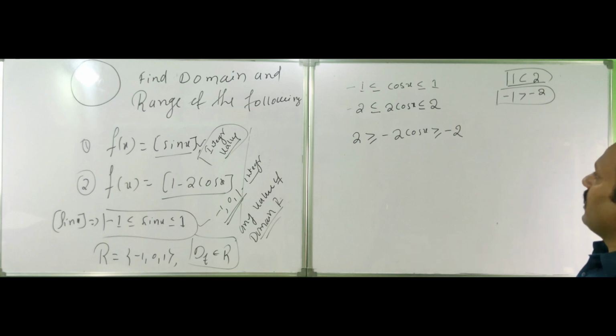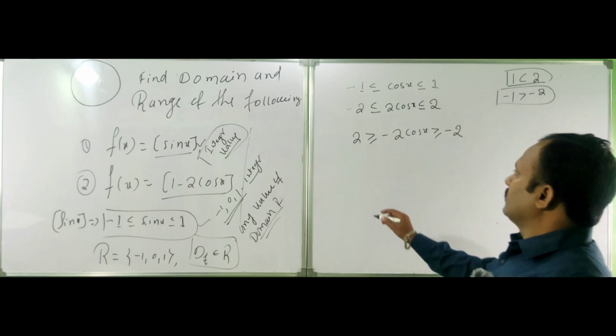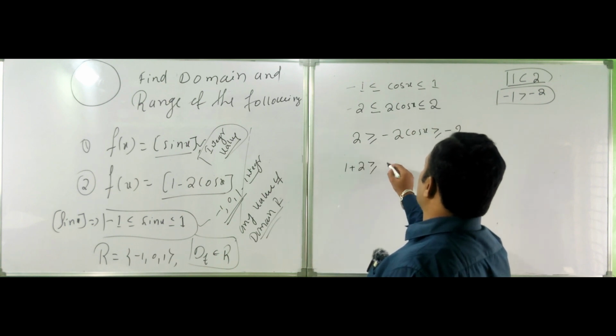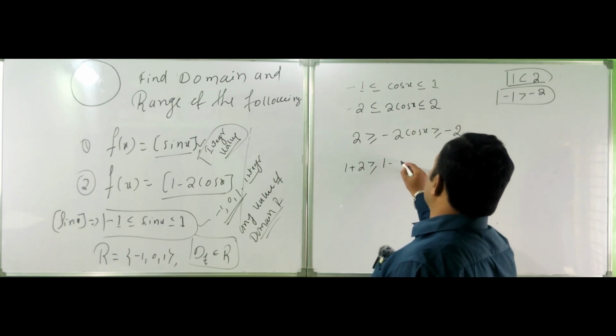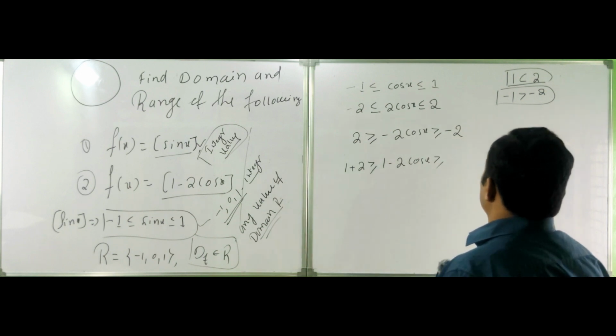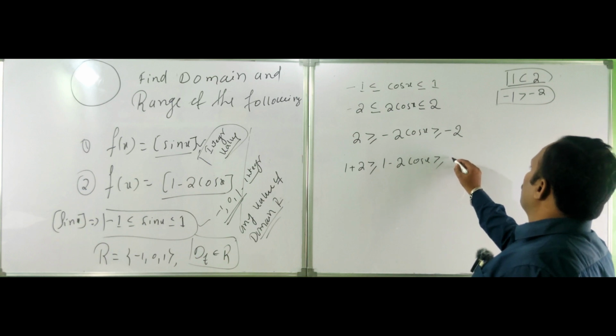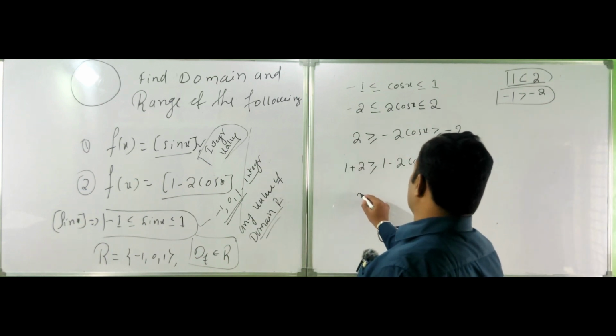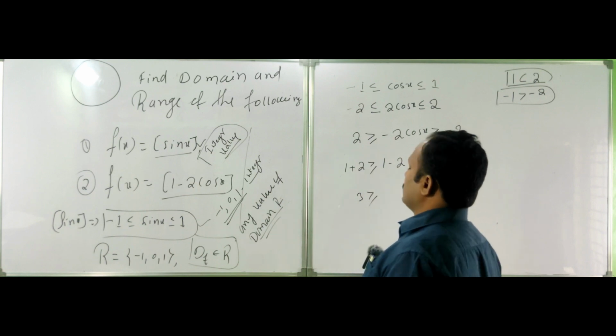Then what we want, I have to add 1. So add 1: 1 plus 2 becomes greater than 1 minus 2 cos x becomes 1 minus 2. So 3 becomes greater than or equal to, is it the method?